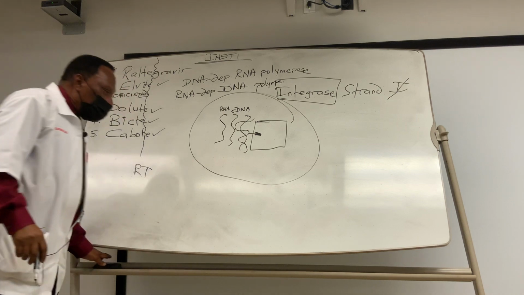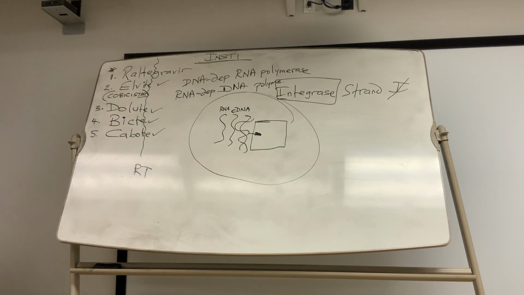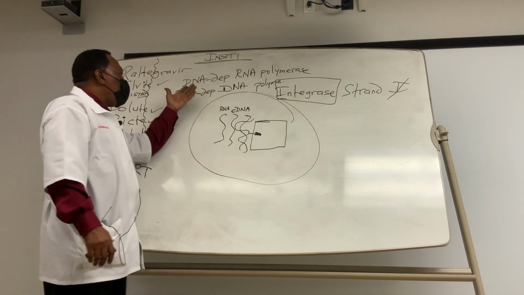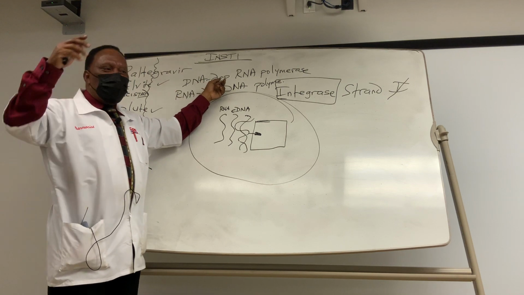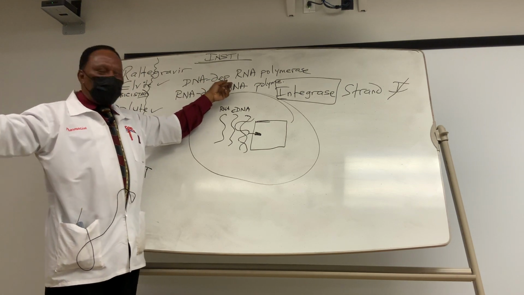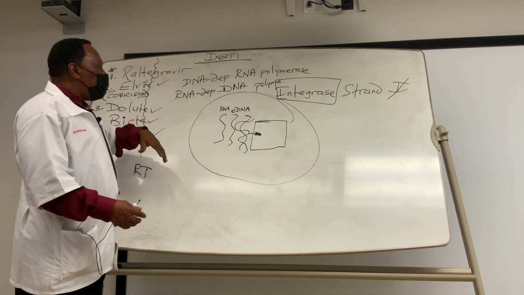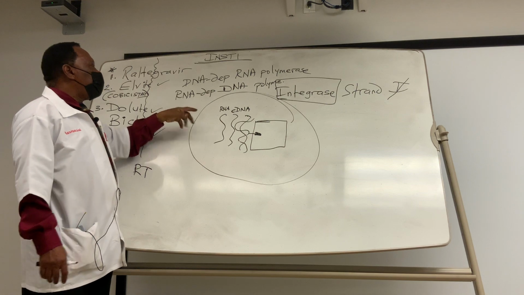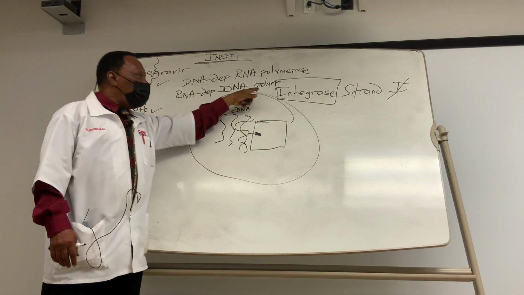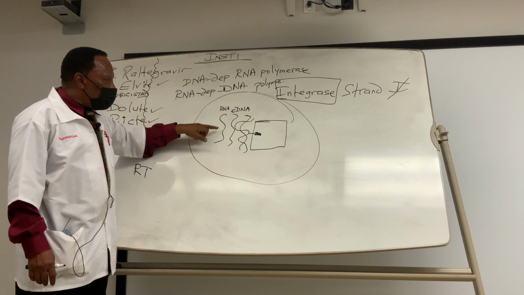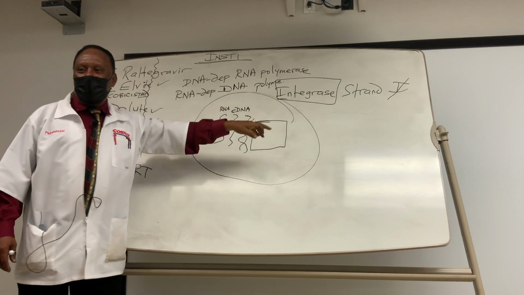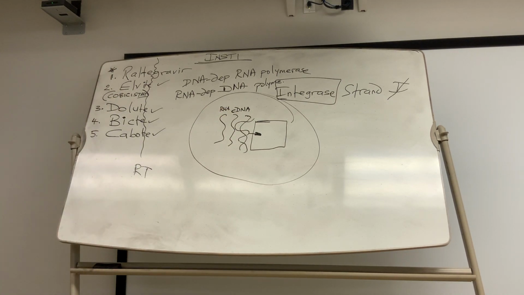And that's why you say it's reverse. That's why you call it reverse transcriptase. Normally you will go from DNA, the DNA unwinds, and then you get your mRNA being produced. So DNA-dependent RNA polymerase. But for the HIV, it is RNA-dependent DNA polymerase. You're going from the RNA of the virus to that complementary DNA. And that's essentially why you say reverse transcriptase.